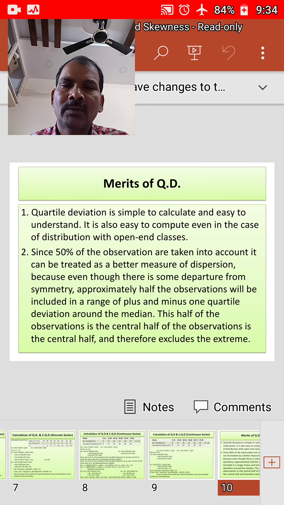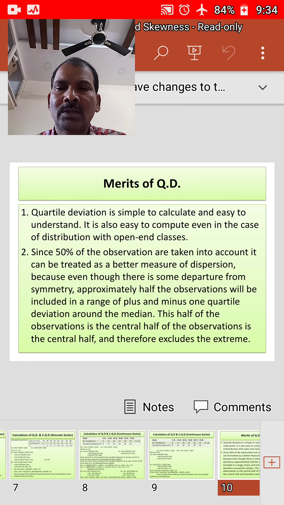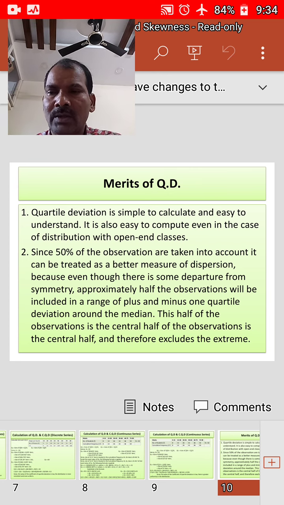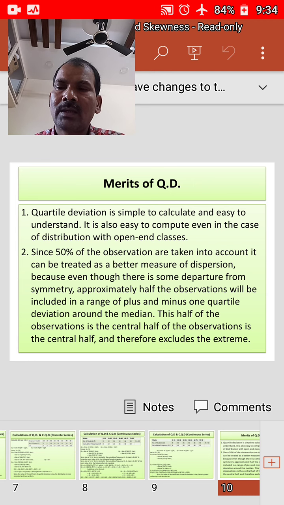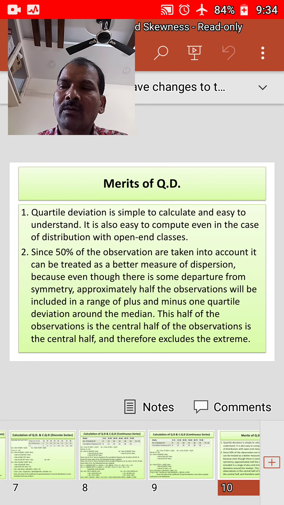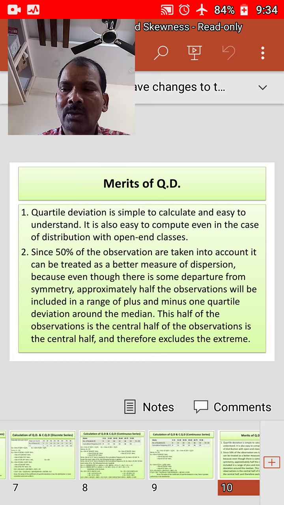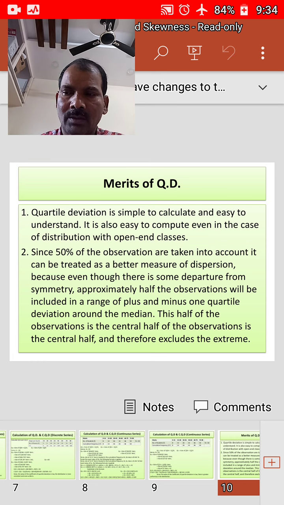With this we conclude that, by observing the range and quartile deviation, it is a better measure than the range. As observed by Giffen, the quartile deviation is a useful location-based measure of dispersion, because even though there is some departure from symmetry, approximately half of the observations will be included in the range of plus and minus 1 quartile deviation around the median.